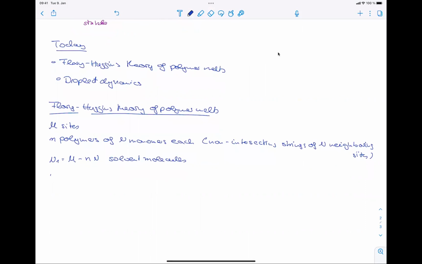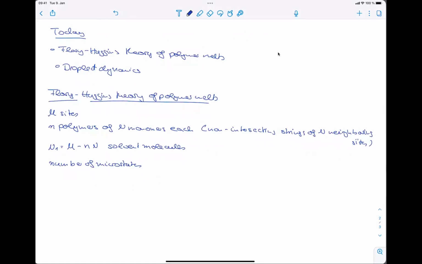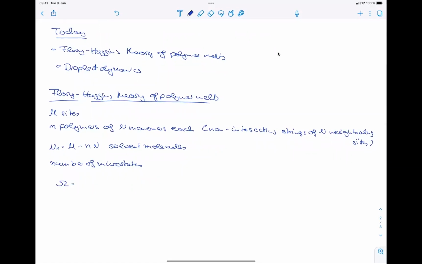And now we want to calculate the entropy, we want to enumerate the microstates. And so the number of microstates is the number of states that I have available, M factorial, divided by, that's easy, the states for the solvent molecules that are still atoms.